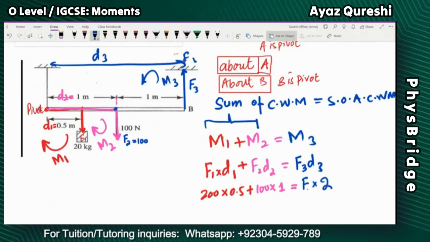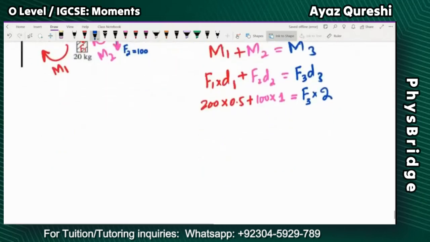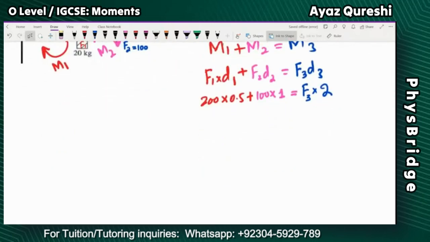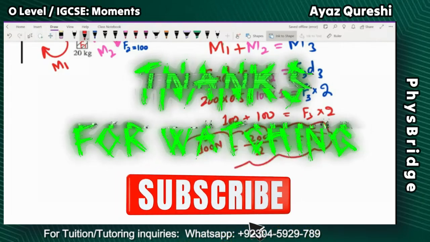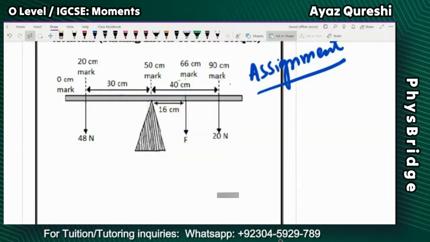Now just solve it. 200 into 0.5, what will be the solution? 100 plus 100 equals F3 times 2, and your F3 is basically 200 by 2, which equals 100 Newton. So how much force will that rope apply? Calculate this unknown force.